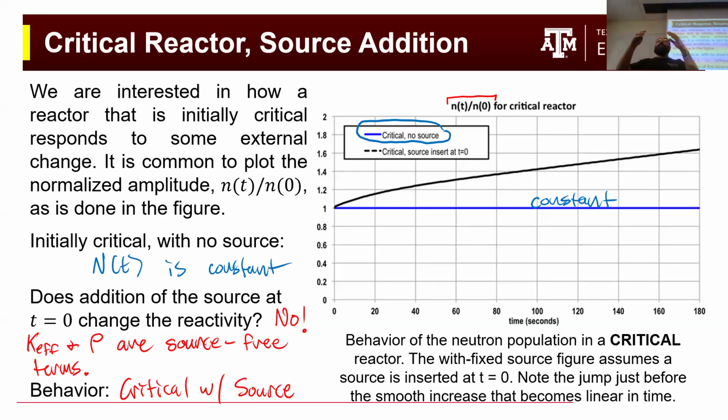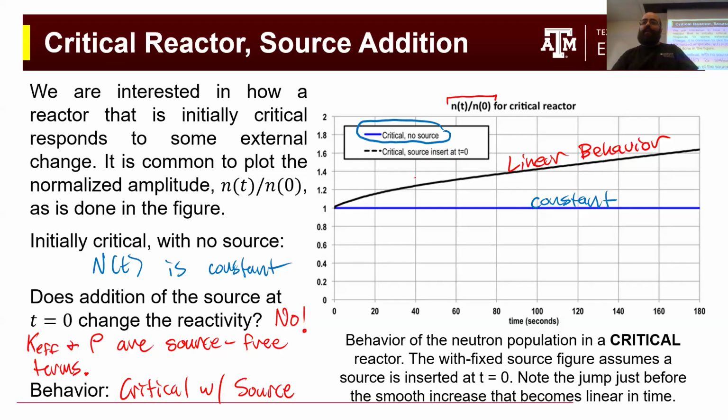The neutrons being produced get added into the population, and then those neutrons get reproduced, such that the neutron source is continuously adding to the population and growing it at a linear rate. So this is that linear behavior that we would expect from that configuration where we're critical with a source.